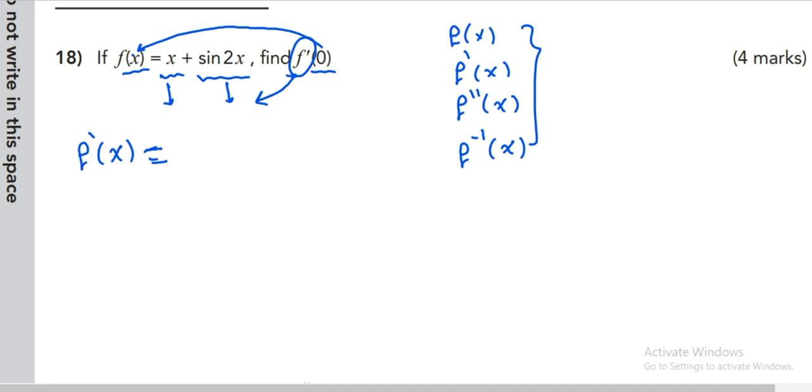The differentiation of x equals 1. Differentiation of a trigonometric function will be two parts multiplied by each other. The first part will be the differentiation of the trigonometric function. Here the function is sine. The differentiation of sine is cosine for the same angle, multiplied by the differentiation of the angle. Differentiation of the angle 2x is 2.